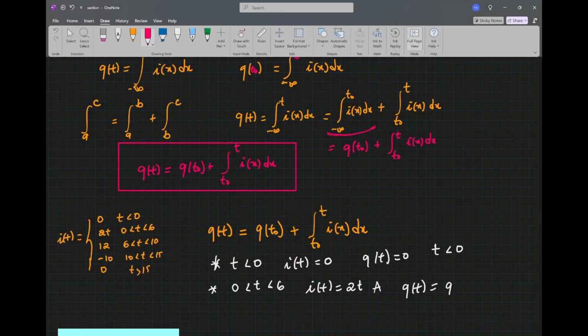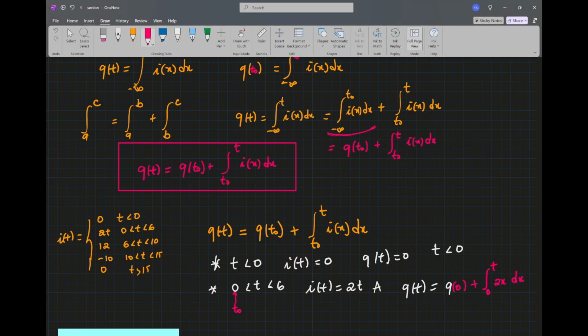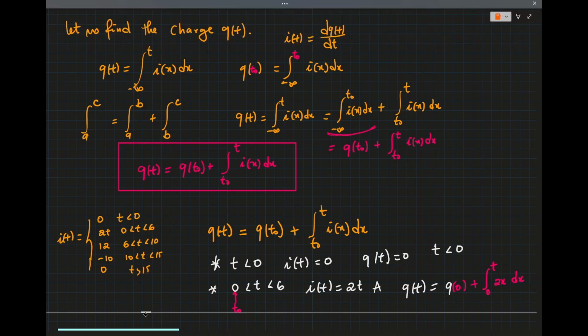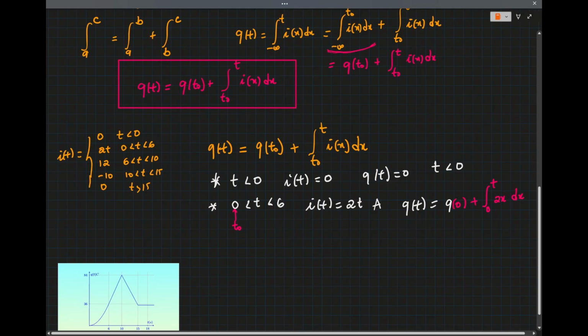I need to bring this to your attention: my t0 is the beginning of the interval. So that will give me 0 plus the integral from 0 to t of 2x dx. Let me insert some space here.